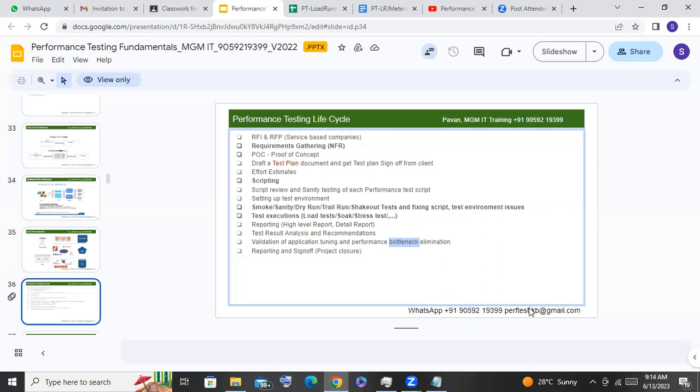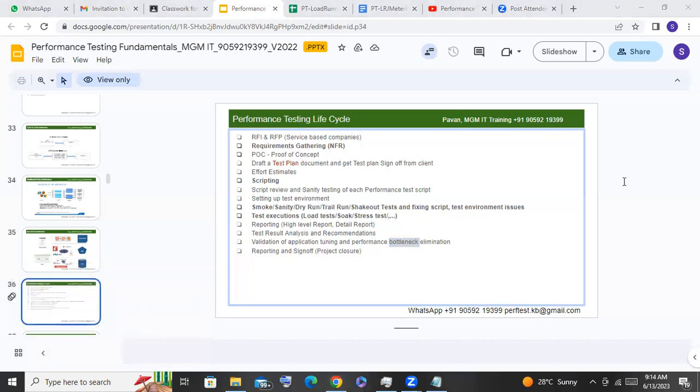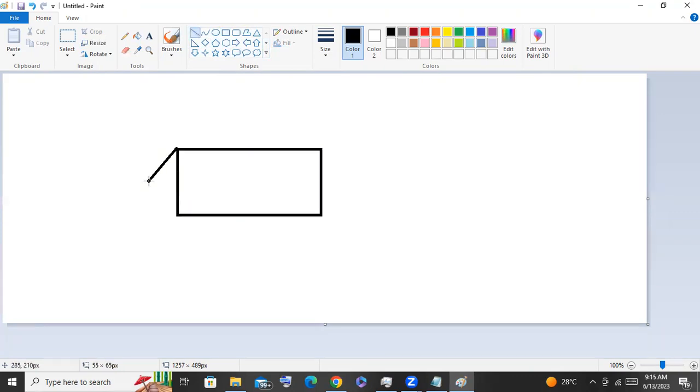We'll try to eliminate the performance issues that we are facing. But what is the general English term? What is a bottleneck? Let's just assume that this is a bottle.